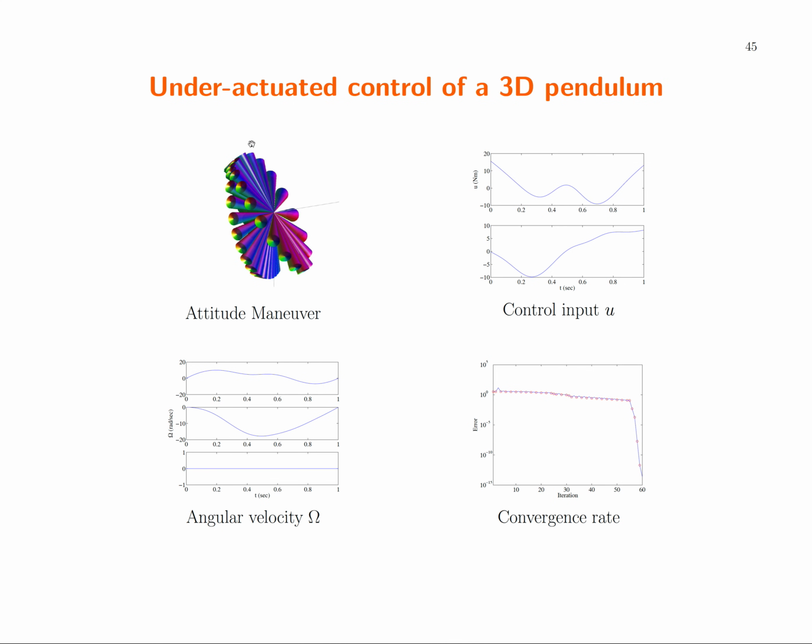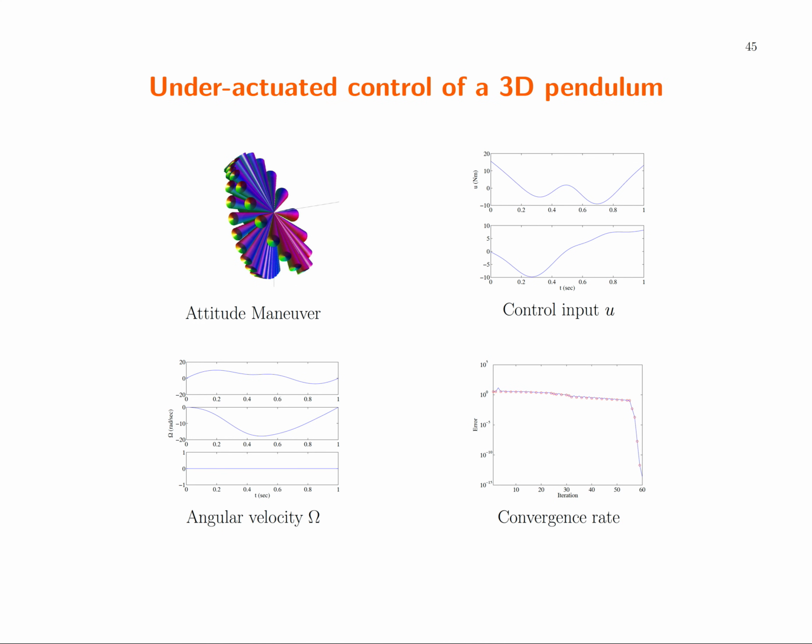So another thing you can do with these kinds of Lie group variational integrators is to look at what is called under-actuated control. So this is an example where you have, again, this 3D pendulum, but imagine you're only allowed to control the center of mass. If you control the center of mass, of course, it has to move on the sphere. So you really have 2 degrees of freedom, if you will.